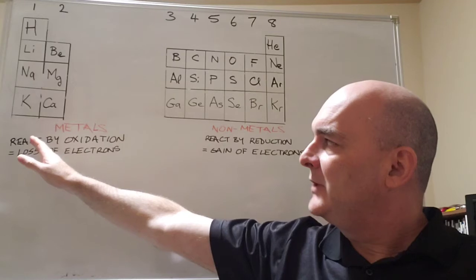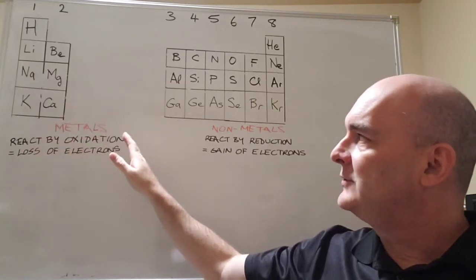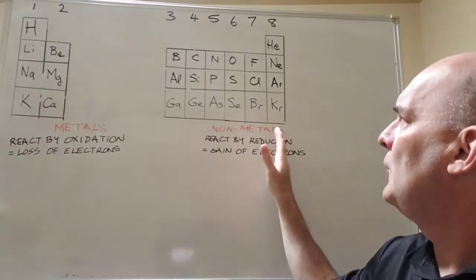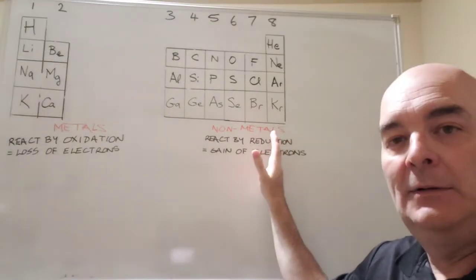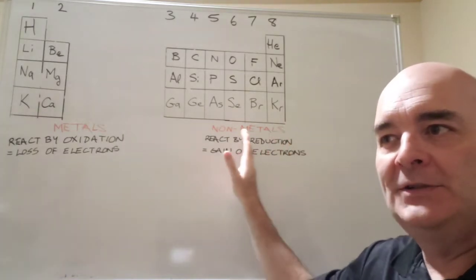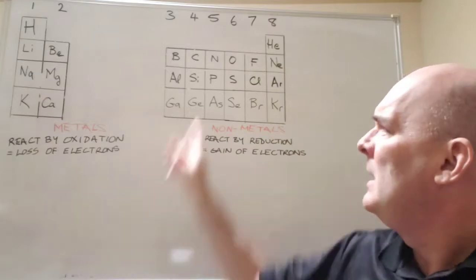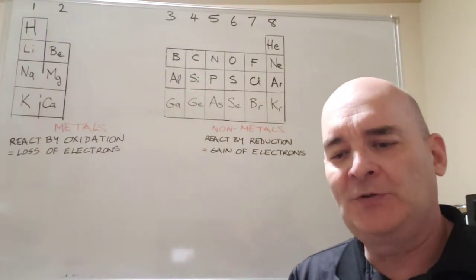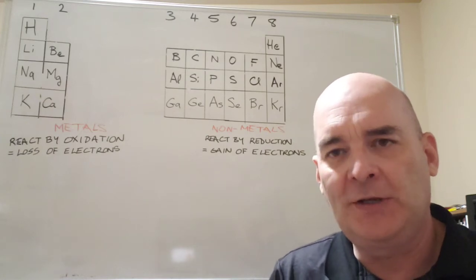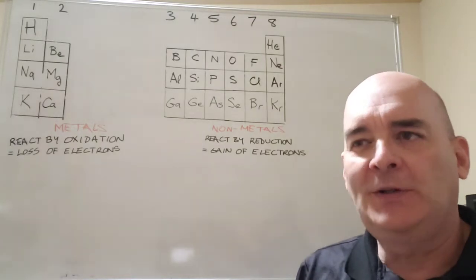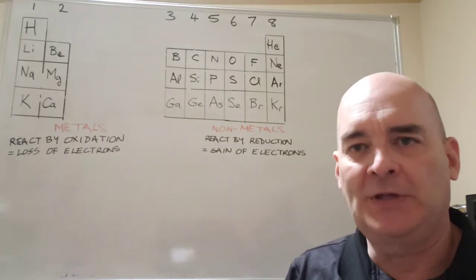So the metals give away electrons progressively as they move left to right, and the non-metals gain electrons predictably as we move right to left. That leaves carbon in the middle. And carbon has the option of either gaining 4 or losing 4 electrons, and it just opts out. It's going to do a different kind of chemistry altogether.